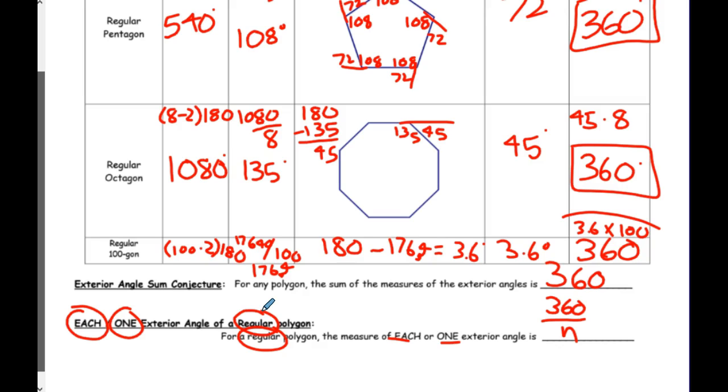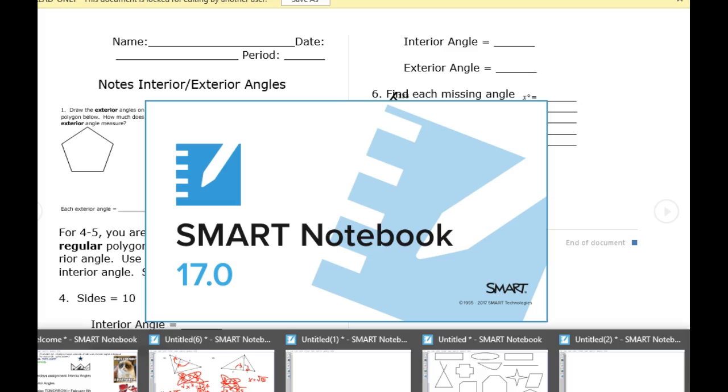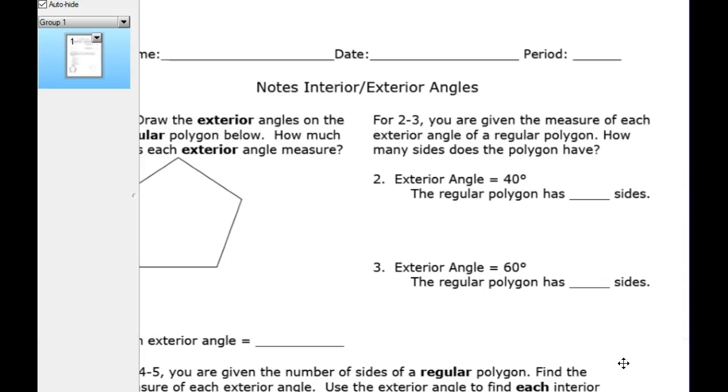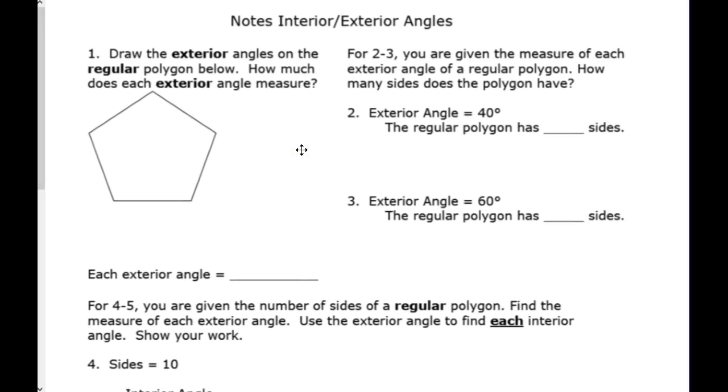Okay, now on the back side, we're going to do some sample problems real quick. So flip it over. Again, back side of that front page. This is not going to be that hard once we get going on it. Yep, there we go. All right, so on here, what is this called right here?